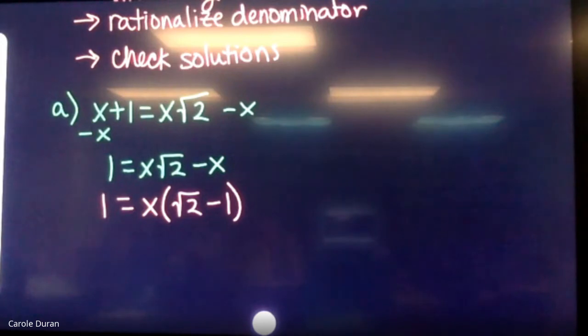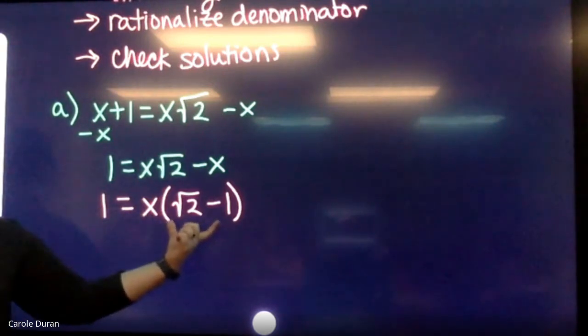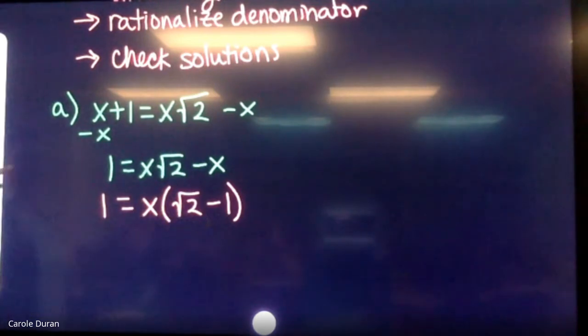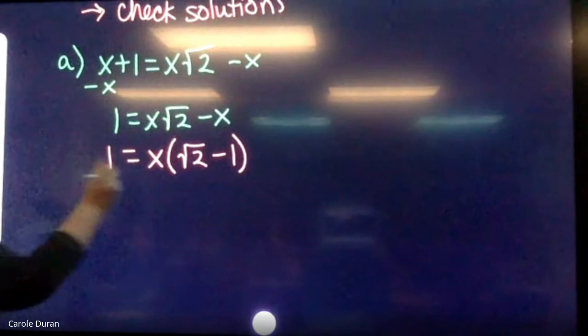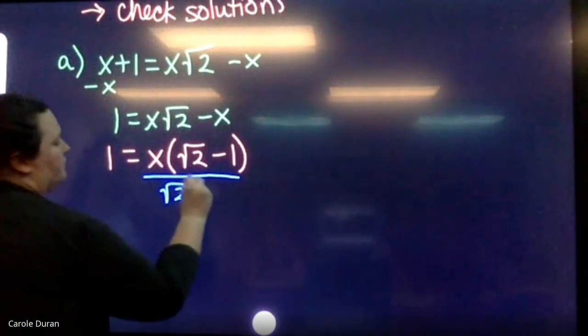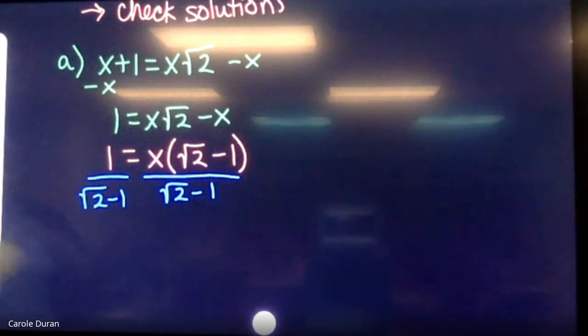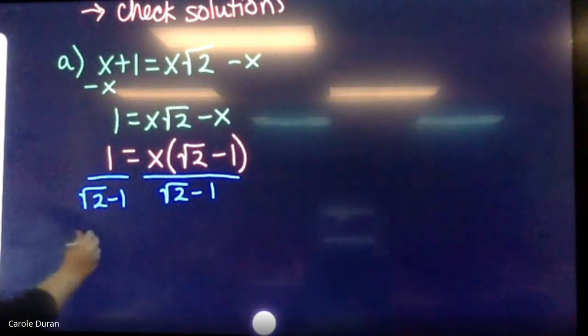Now what do I do? What's step 3? Divide the coefficient. That means whatever is currently being multiplied into my x, I need to get rid of by dividing it out. So I'm going to divide both sides by the square root of 2 minus 1. Which means when I do, I'm going to go ahead and move the x to the left so it's easier to read.